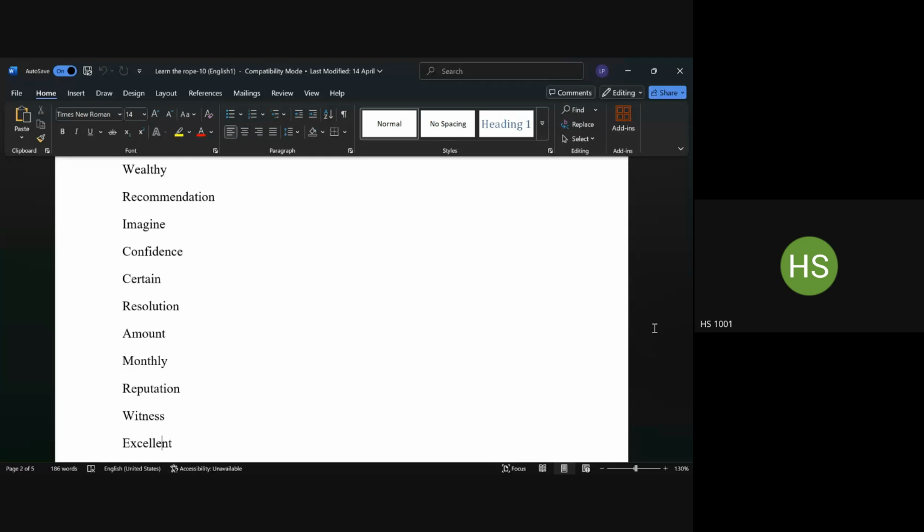So day and shin are two different syllables. Among these, where is the stress? On day, right? Recommendation. So the penultimate syllable. Okay, so you have the shin suffix. If you have a shin suffix in a word, then the stress is always on the penultimate syllable, the syllable before the one carrying the suffix.